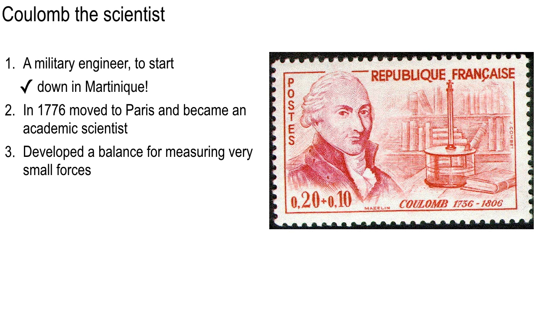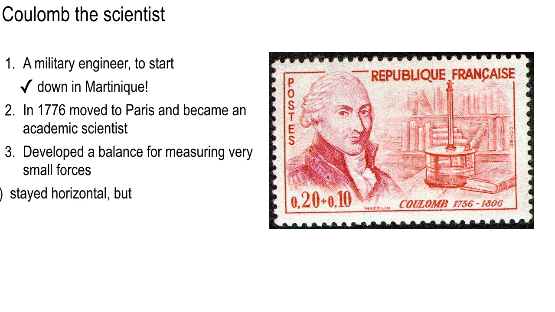He developed a balance, not for measuring masses, but for measuring electromagnetic forces. A regular balance where it tips up and down, left and right, measures gravitational forces, relative weights of two objects.